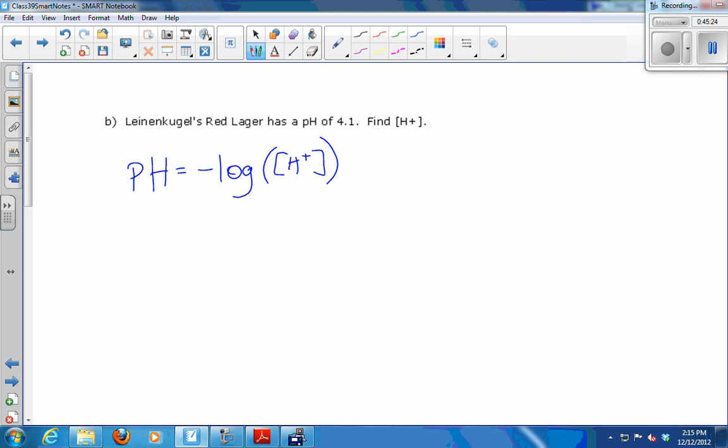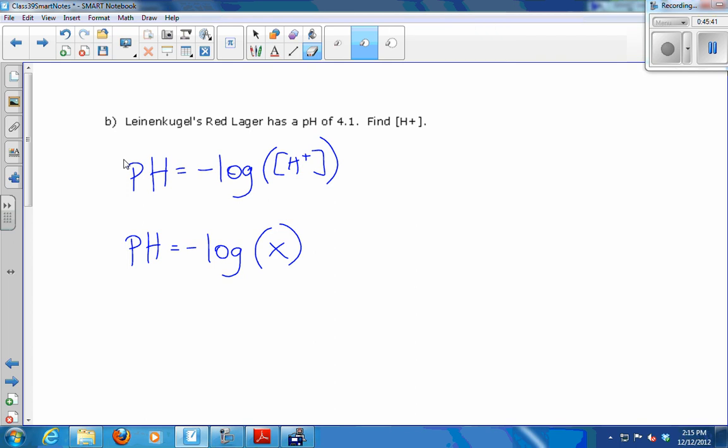You can just call that X if you're unfamiliar with the chemistry notation and it looks confusing. pH equals negative log of what? So pH, they told me, was 4.1. So I'm going to replace pH with a 4.1.